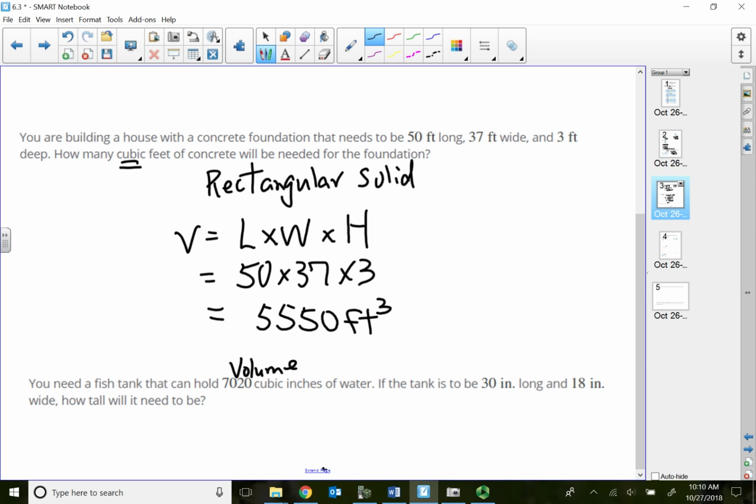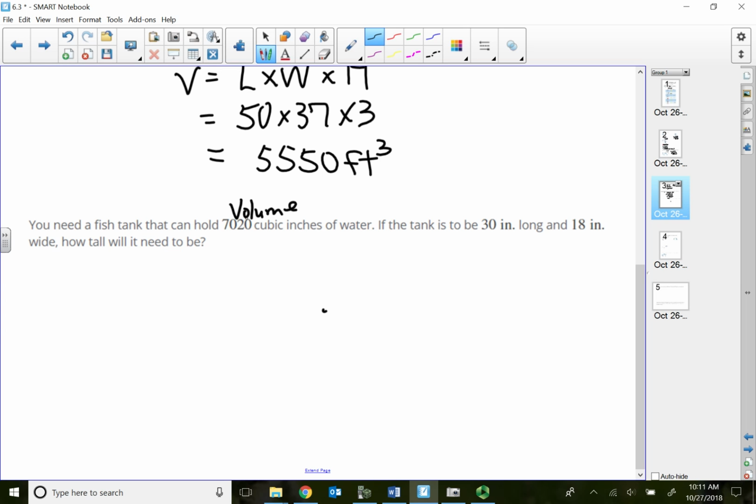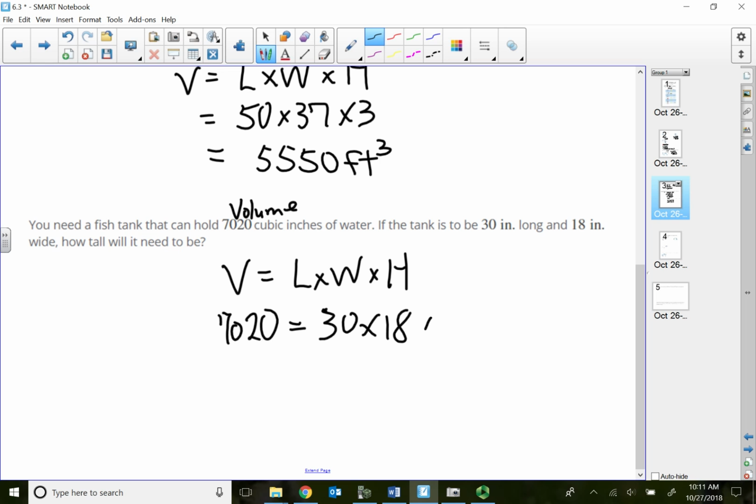By looking at the dimensions, I have another rectangular solid here, but this problem gave me the volume already. The only thing missing is the height. So I'm going to use this formula to find the height, solving for h. 7,020 is my volume, which comes from the length times the width and then times the height.